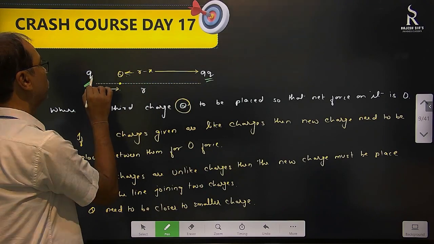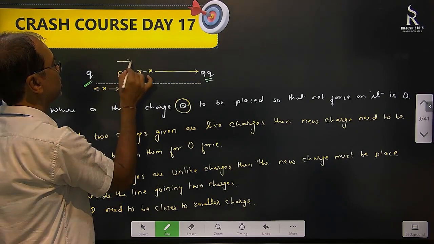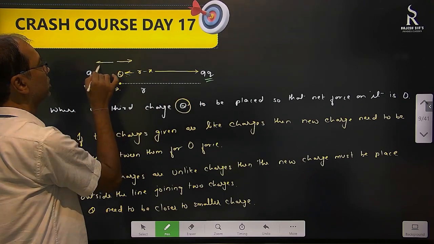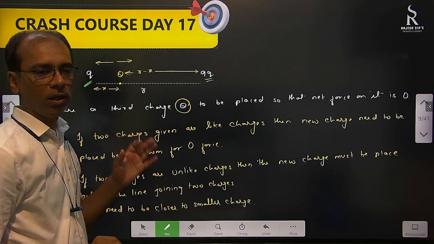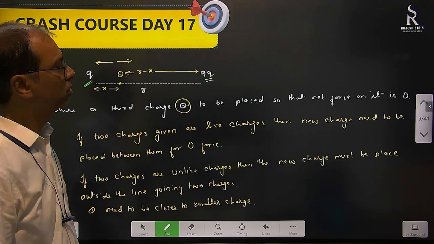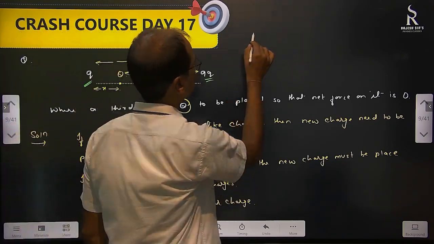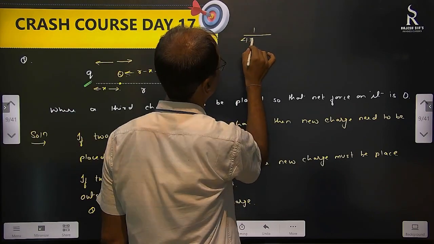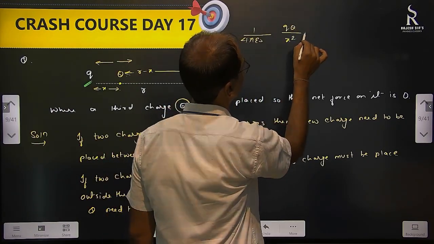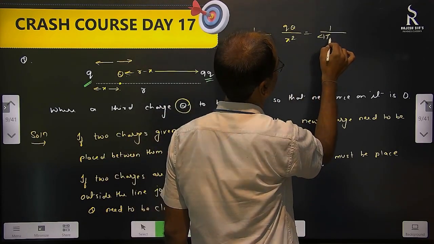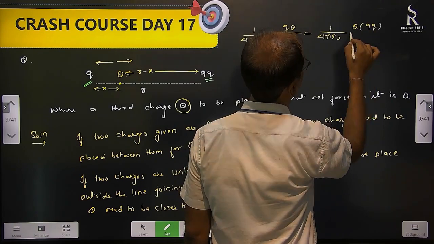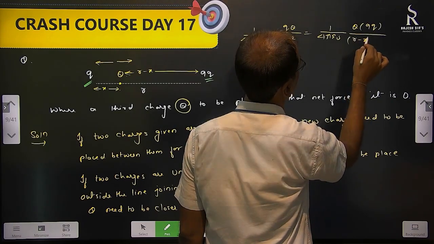Now you can see that the force because of this Q charge is in this direction. It's a repulsive force. This 9Q is also applying a repulsive force on this, in this direction. So both are equal, then they will cancel each other. So equate the forces: 1 by 4 pi epsilon naught Q by x square equals 1 by 4 pi epsilon naught Q 9Q by R minus x whole square.